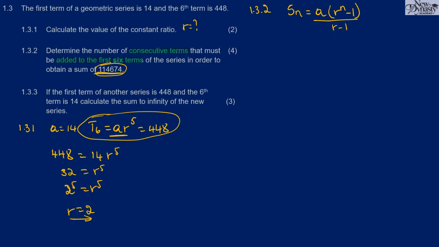And we already have 6 numbers there. So from that total number of terms, you're going to subtract 6, and you're going to be left with the consecutive terms that the examiner is requiring us to calculate. So let us go on and do it here. So we're going to have what?